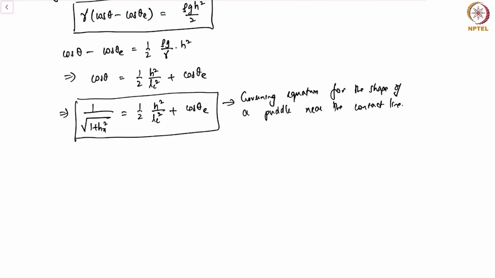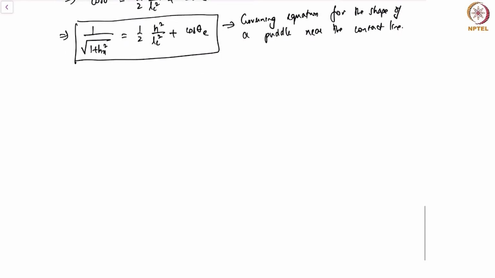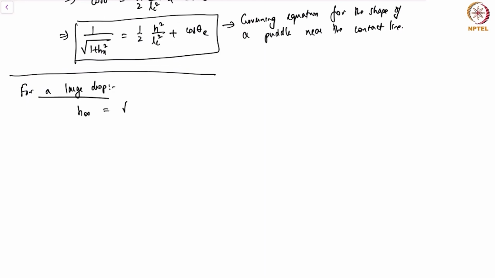What else can we do? We can actually do a simple analysis on this problem. We can look at the cases where the angles are very large or very small. Okay, let's quickly do that. So for a large drop, we already found that h infinity that we got was root 2 LC into 1 minus cosine of theta e, correct?